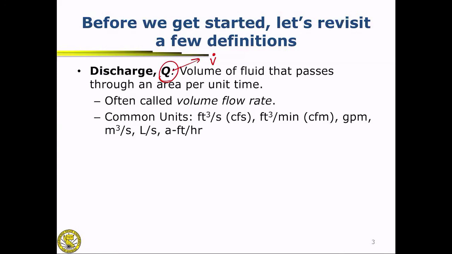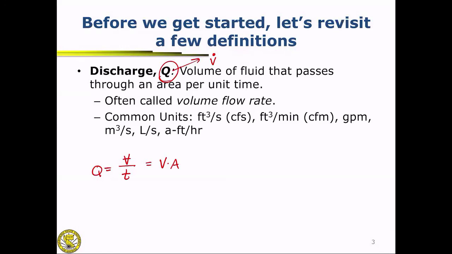So going back to the definition, Q is the volume of fluid that passes through an area per unit time. An alternative equation that is more commonly used is velocity multiplied by area. So both of these are how we would define our volumetric flow rate. The common units for flow rate, and I want to make sure that you listen and write this down.